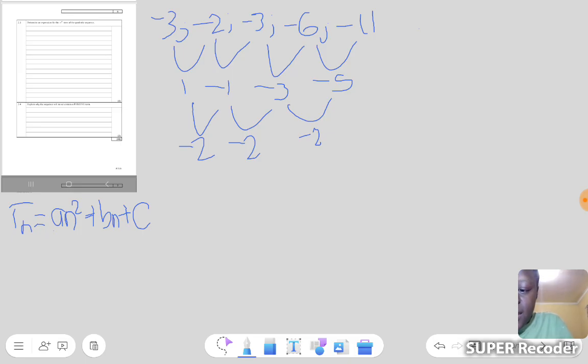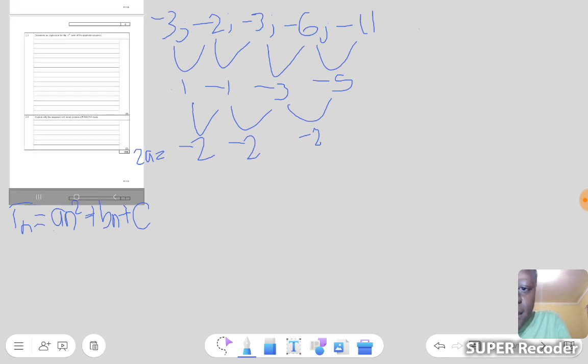To get our a, we will use 2a equals 2 here. For this here, it's 3a plus b, which equals this one, and here it will be a plus b plus c, which equals the first term.